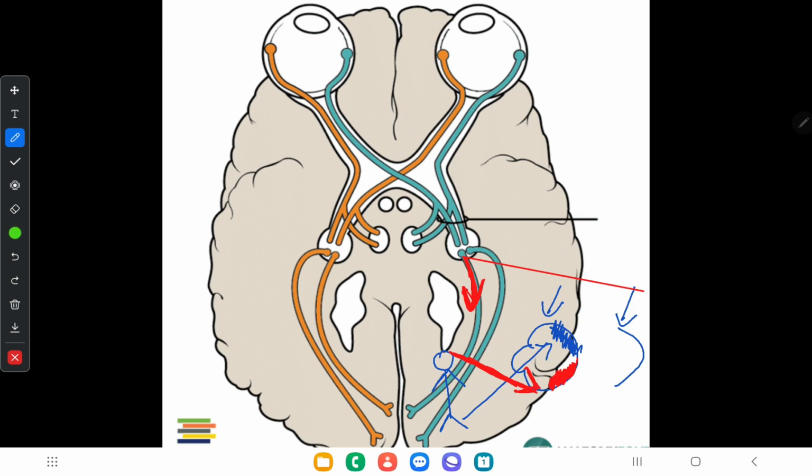Then the upper fibers of the optic radiation are the fibers coming from the upper retinal quadrants. The upper retinal quadrants mean the inferior visual field. Hope you are clear with these terms.